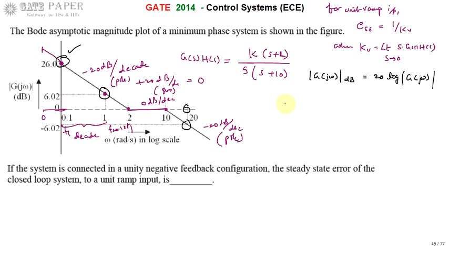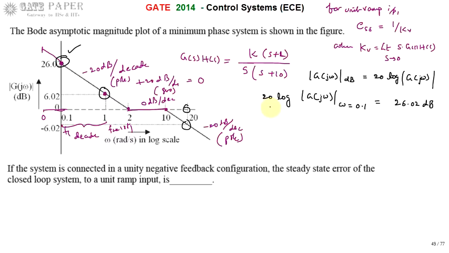So 20 log G(j omega), since it is in decibels, at omega equal to 0.1 is equal to 26.02 decibels.